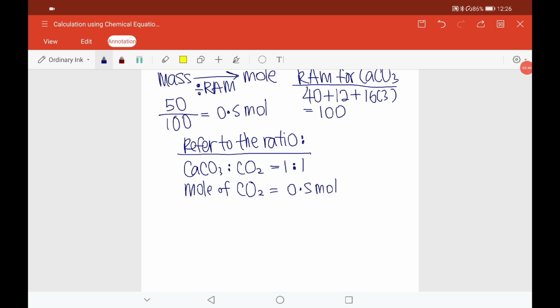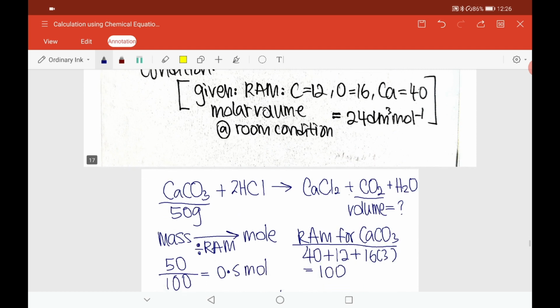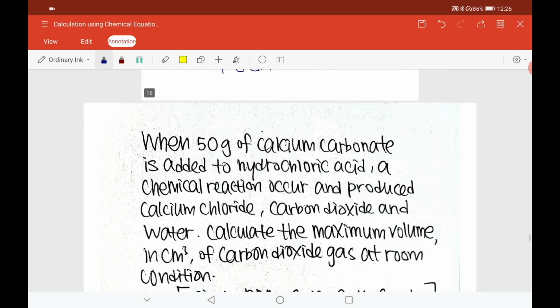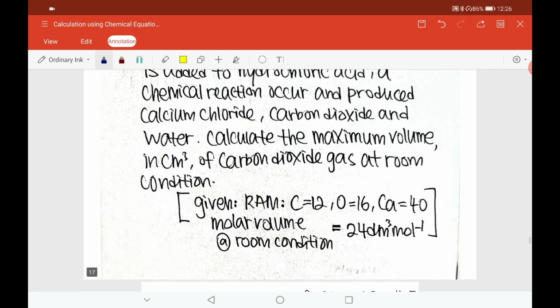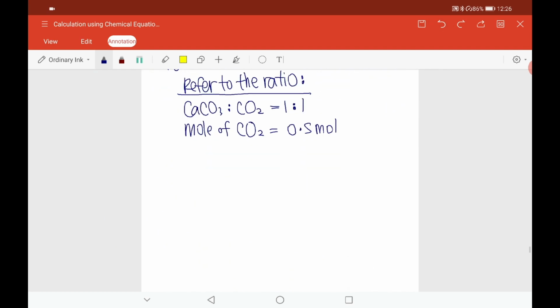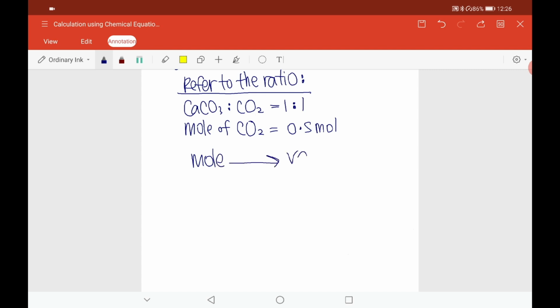Once we have found the mole for the CO2, what is the last step? Because we are looking for the volume of the CO2, when we have mole, we can convert the mole to volume. We will use molar volume.